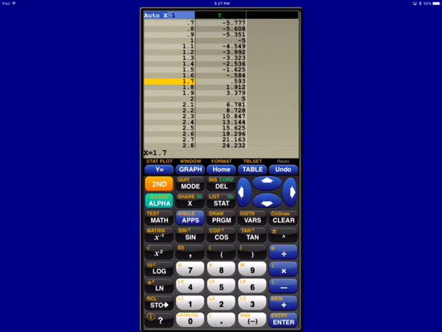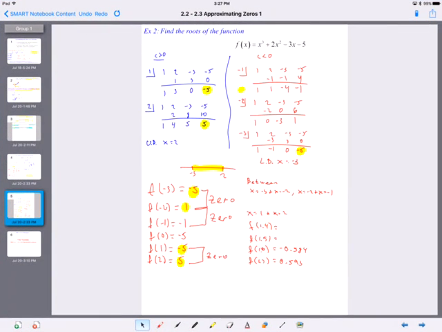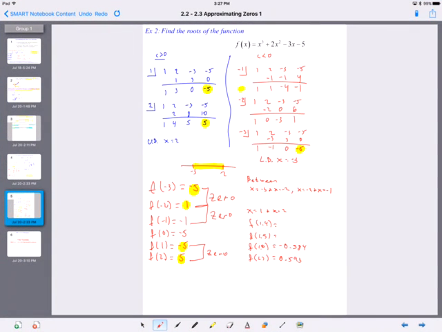Okay? And so right here, we know that there's that 0 because it changes the output from negative to positive, so it crosses the x-axis somewhere between 1.6 and 1.7.